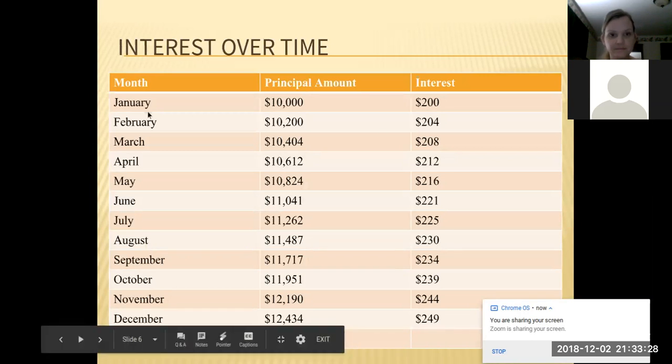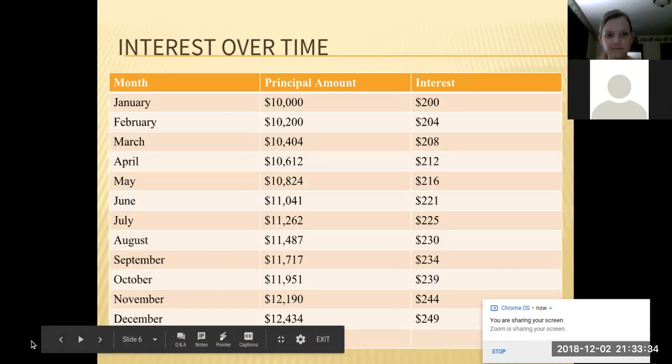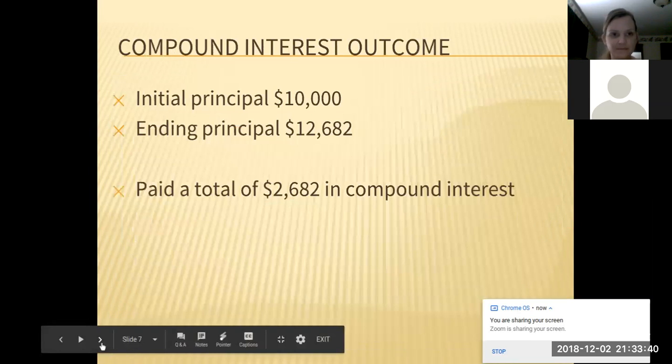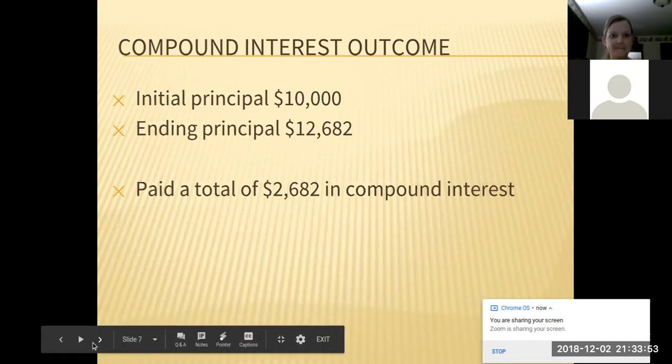As you can see, I made a table for every month, and the interest is added on to the amount for the whole year. At the end of the year, the total principal here is $12,628, which means this person will have paid a total of $2,682 in compound interest.